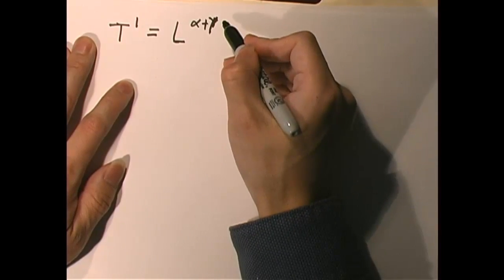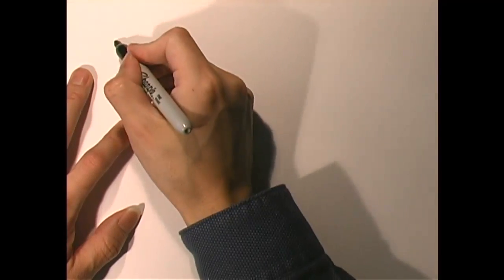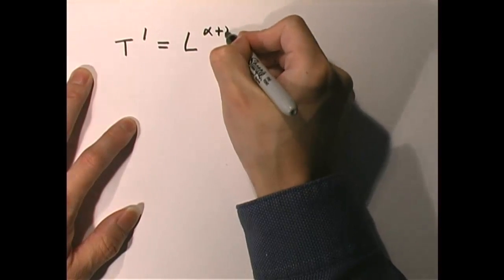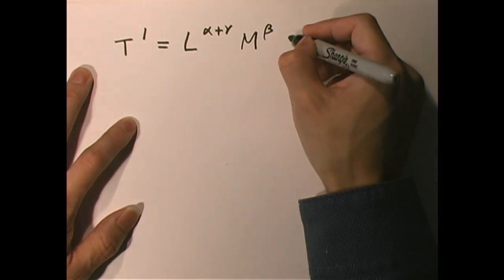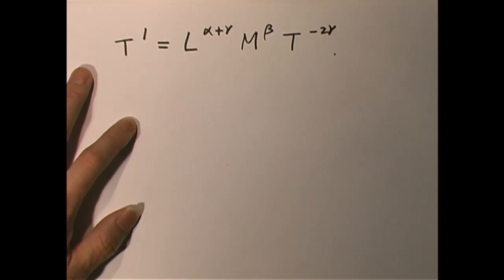Okay, alpha plus gamma. Let me rewrite it. T to the first power equals L to the power alpha plus gamma, and then m to the power beta, and then t to the power negative 2 gamma. Okay, that's what I'm going to get.